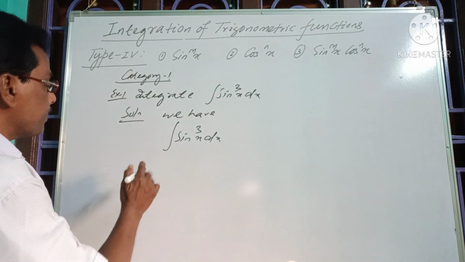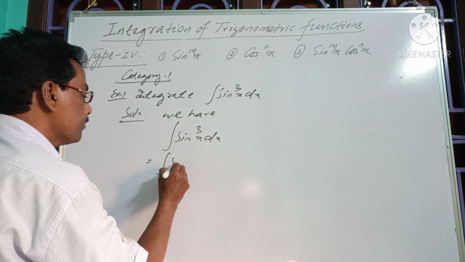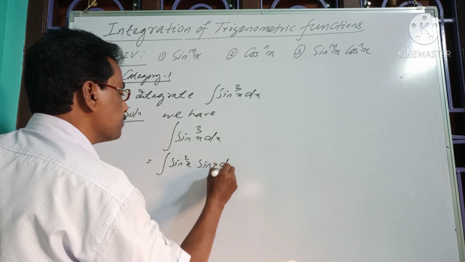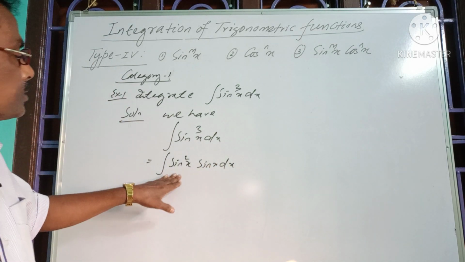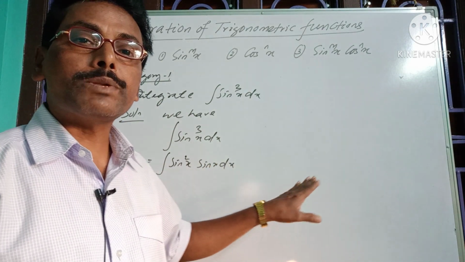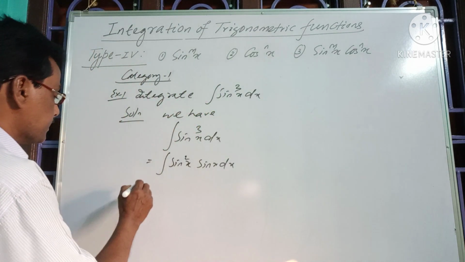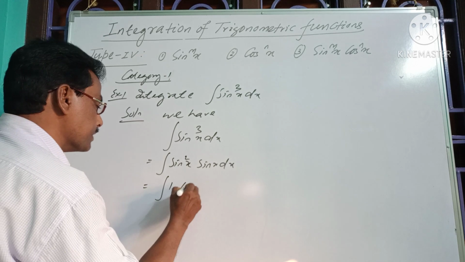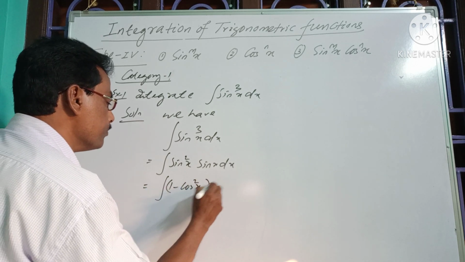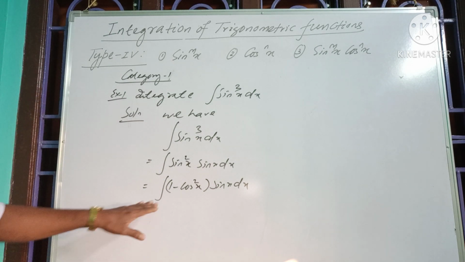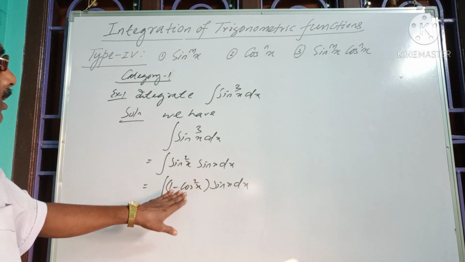So taking one factor out, we have sine square x into sine x with respect to x. Now let us break sine square x as 1 minus cos square x, because sine square x plus cos square x is equal to 1. So we can break it like this: integration of 1 minus cos square x into sine x with respect to x. Now, here the derivative of cos x is minus sine x.